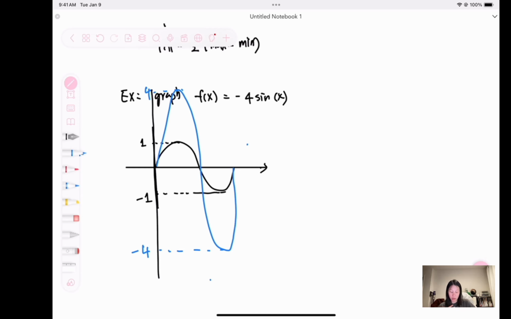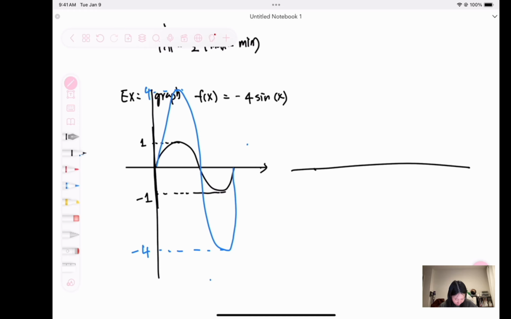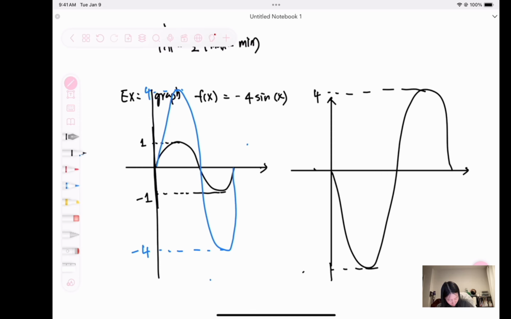But that's not done because there's a negative sign. So what happens if you have a negative sign in front of the whole function? Your function will flip over the x-axis. So that means your final function is going to look like this, where the highest point is 4 and the lowest point is -4. So that's our graph for -4 times sine x.